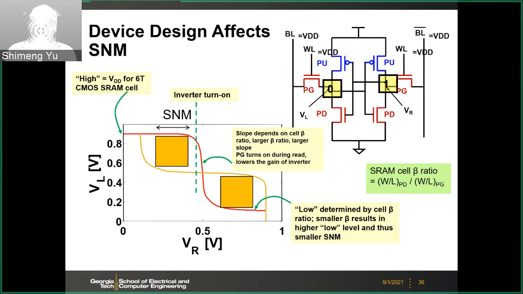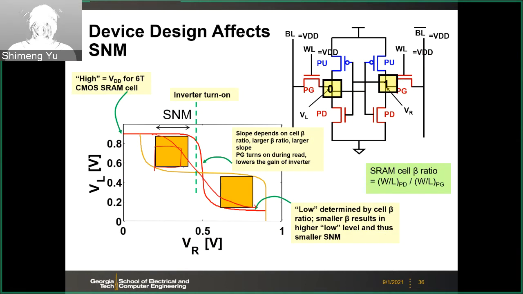That's why it's difficult to design low voltage or low power SRAM, because you have to consider the noise margin. And here you want this transition to be sharp to enlarge the static noise margin. If this transition is gradual, then your square is smaller. So this transition depends on a few factors.